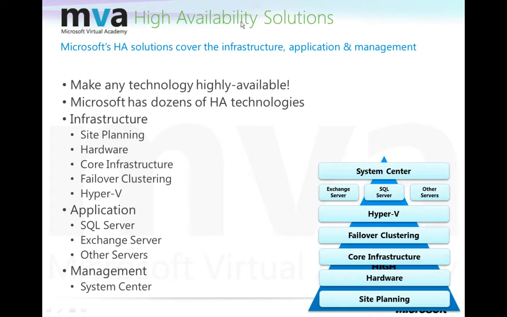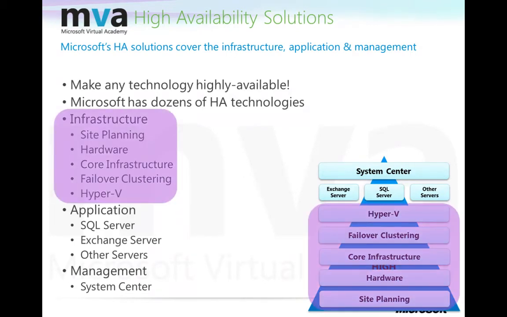As we've mentioned, Microsoft's high availability solutions cover a broad range of technologies. It covers the infrastructure, the application, and even the management layer. You can make almost any technology highly available, but this particular module is going to focus on infrastructure high availability, which is looking at how we can add resilience to the physical data center, the hardware, the core server infrastructure such as Active Directory and networking.